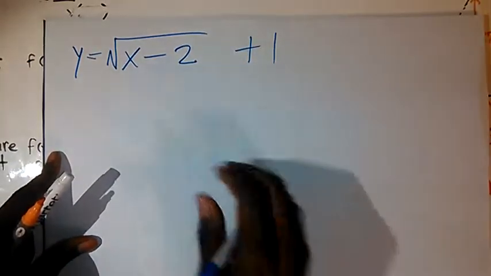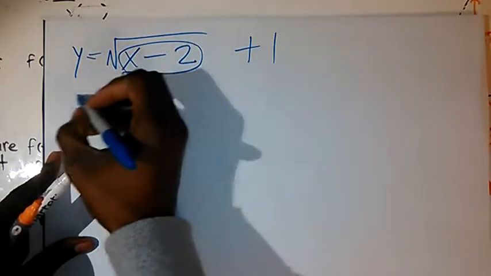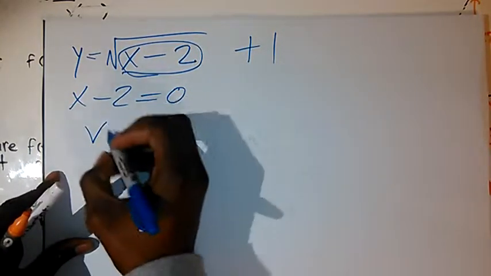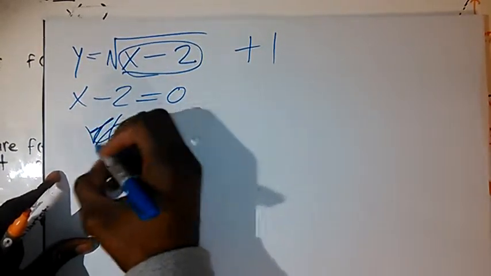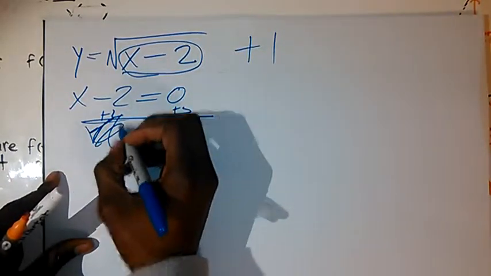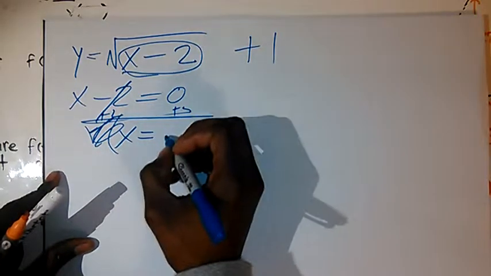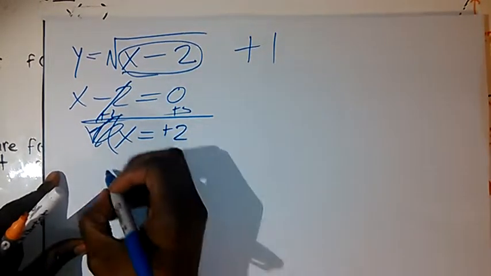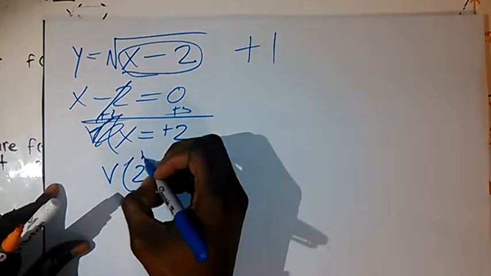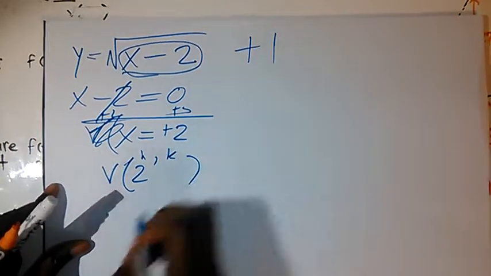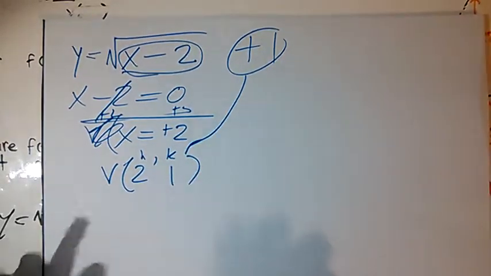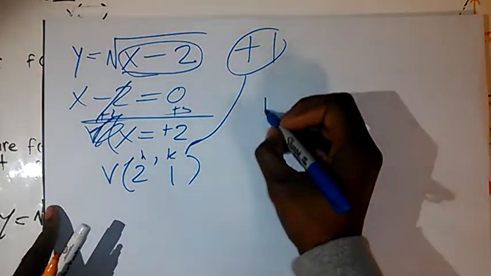Remember, the first thing we have to do is take this out, set it equal to 0. So our vertex is going to be, well, got to solve for x, plus 2, that crosses out. X will be equal to plus 2. So our vertex is 2 as our h, and our k is going to be positive 1.